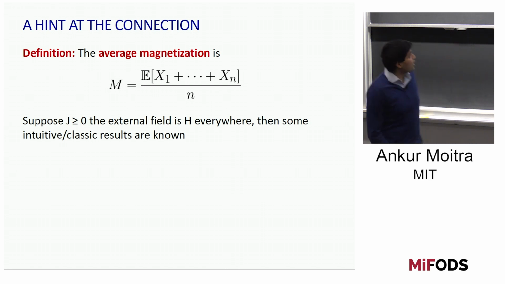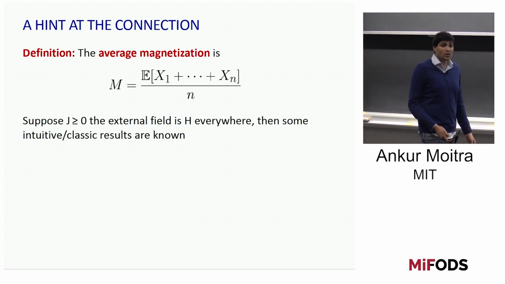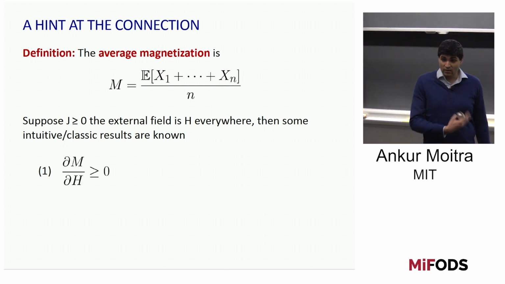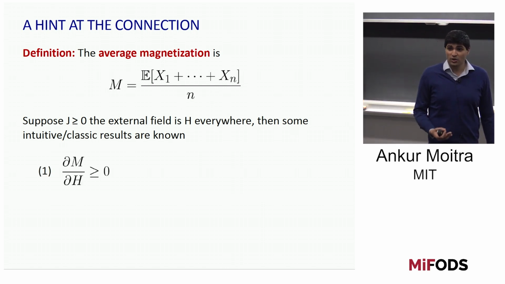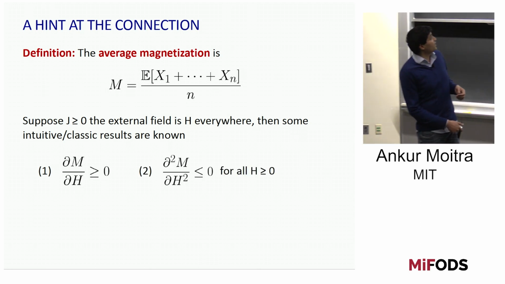Then this is a very well-motivated setting from the standpoint of physics, and there are a lot of classic results that are known. Some of them are pretty intuitive and not hard to prove, like this one: if you look at the partial derivative of the average magnetization as a function of the external field h, then as you increase h, you're going to increase the average magnetization because there's more bias pushing you to the positive spin. This is a quite easy property to prove, and it's very intuitive.